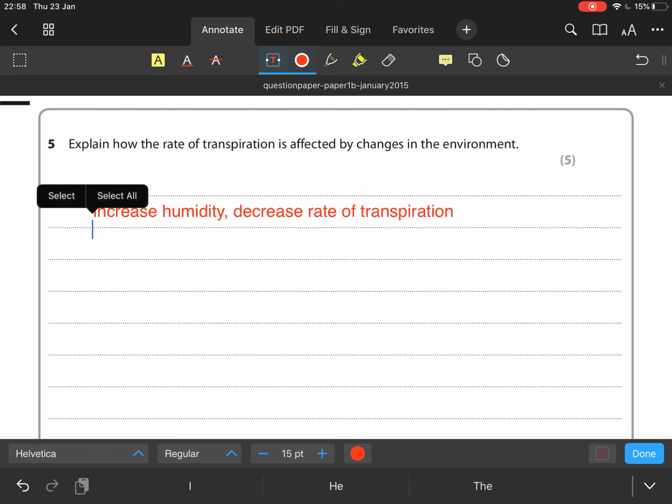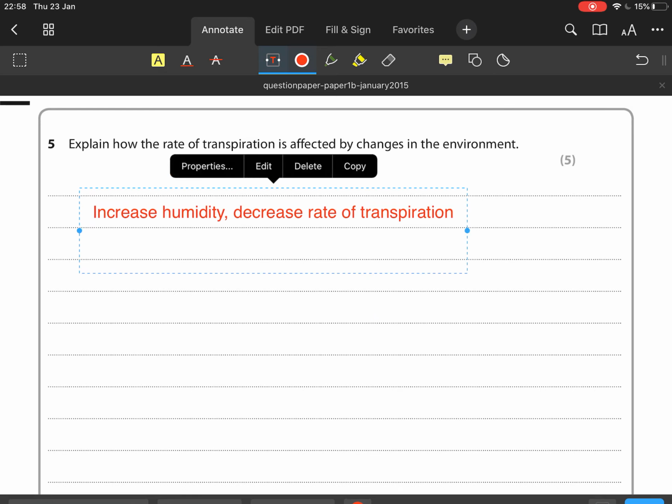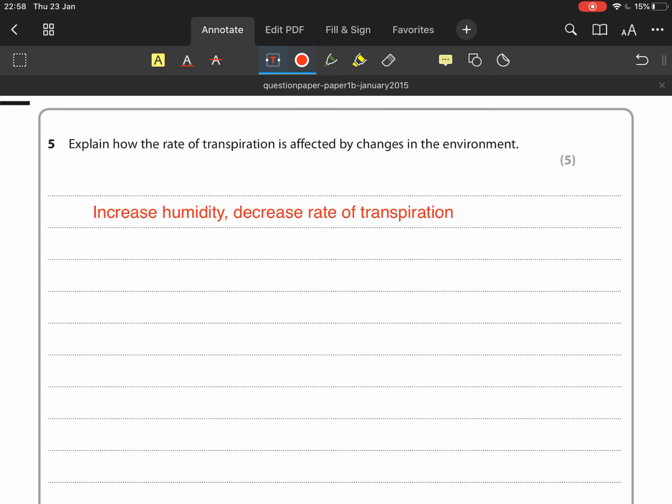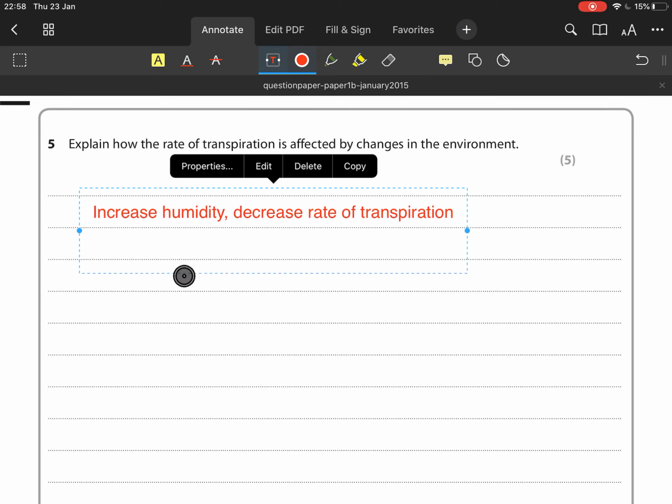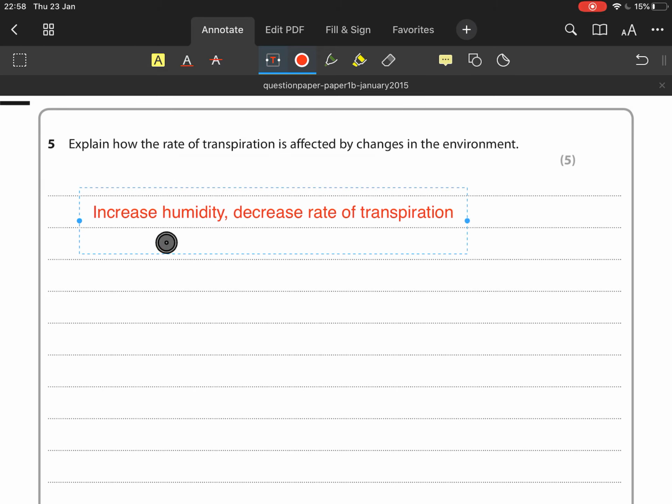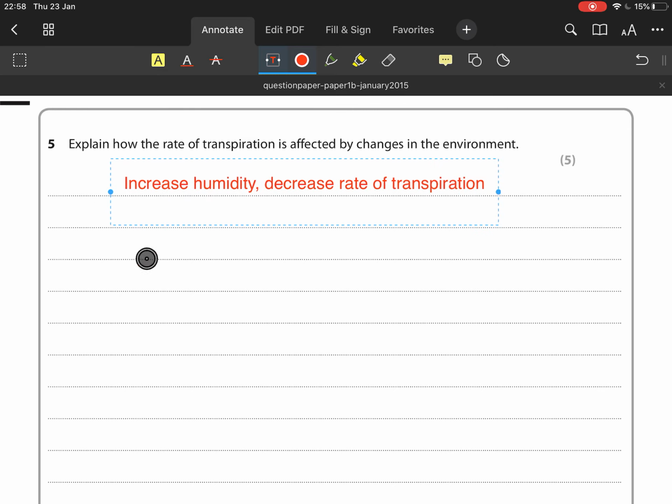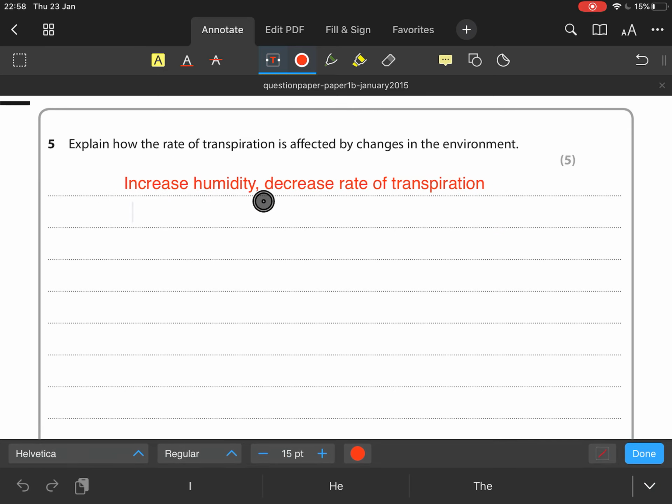Well, when we increase humidity, it means more water molecules are sort of surrounding the stomata of the leaf. Okay, so there's more humidity, there's more water in the air. That means there's more water molecules sitting around the stomata.